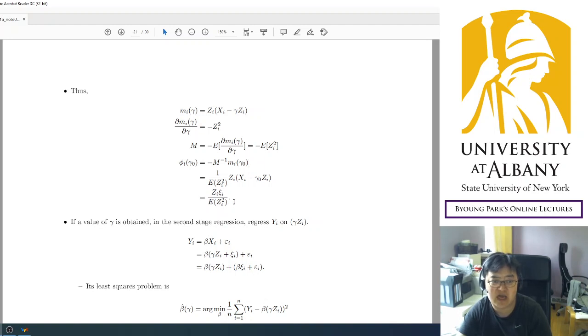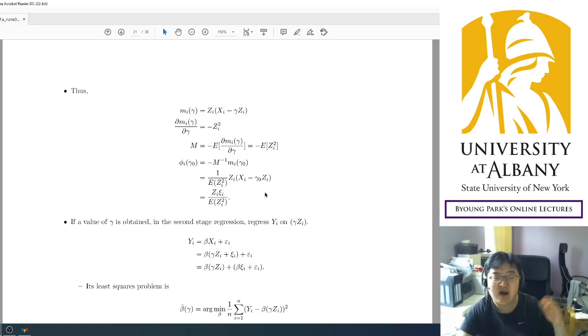So as a result, at the end, this is what you get. The influence function is defined in this way. This is the contribution of individual i to the estimation error. So if the error term is large for the ith observation, then the estimation error will be larger as much as this term, right?